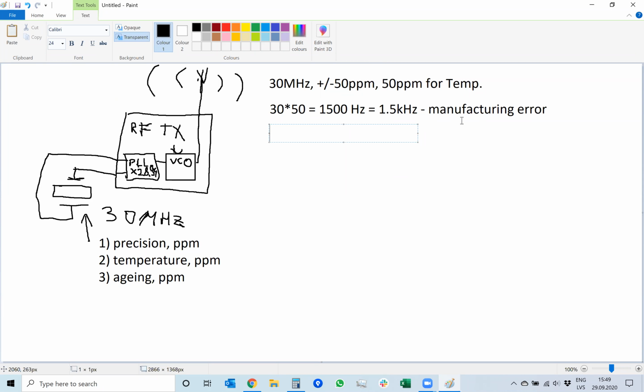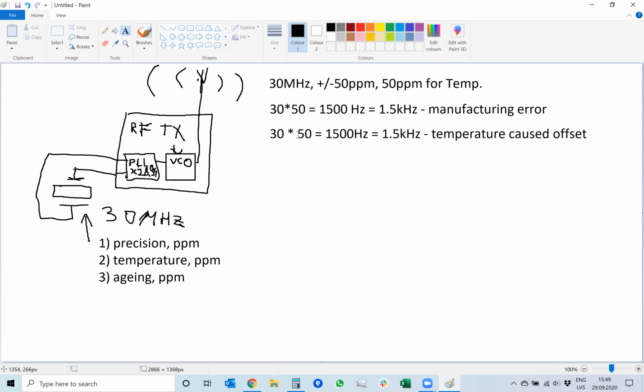So let's take worst case scenario, 30 megahertz times 50 parts per million from temperature is also 1,500 hertz, 1.5 kilohertz. Temperature caused offset. We need to add them together.